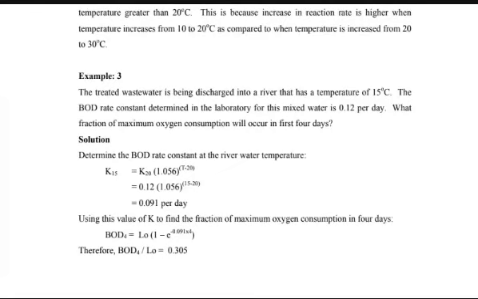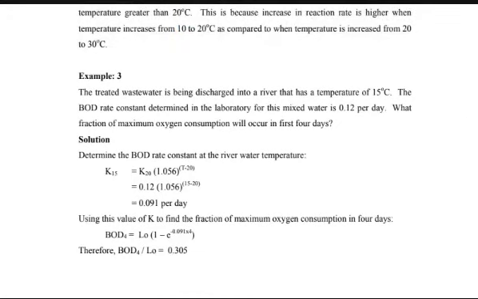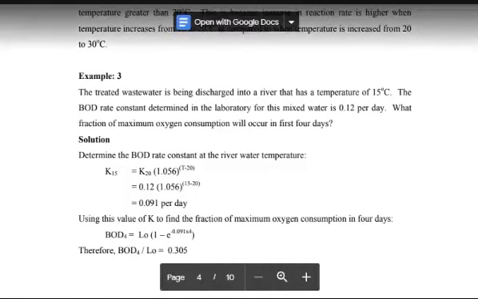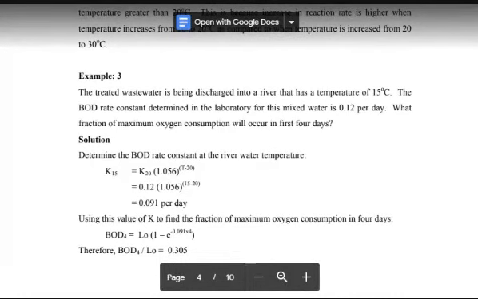Now you put in the values. Here K suffix T, instead of T you put 15, because we need to calculate at 15 degrees Celsius. If it were mentioned as 20 degrees Celsius, there would be no need to calculate the value of K, because it is already mentioned. But as the discharge water temperature is 15 degrees Celsius, we need to calculate the rate constant at 15.